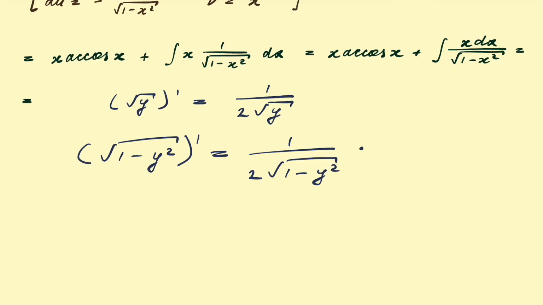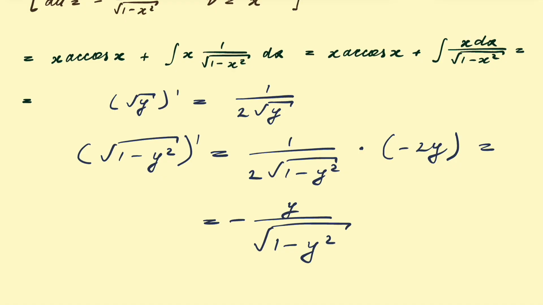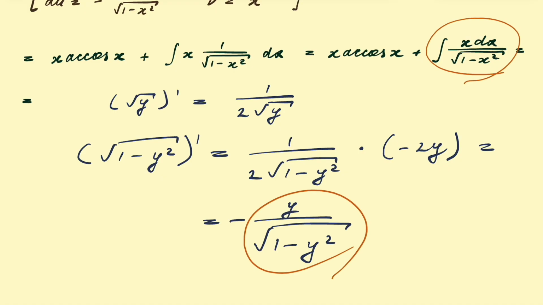It's the chain rule. The derivative of 1 minus y squared is minus 2 times y. Multiplying these two we get minus y over the square root of 1 minus y squared, and this is pretty much exactly what we have here, except with a sign of plus.